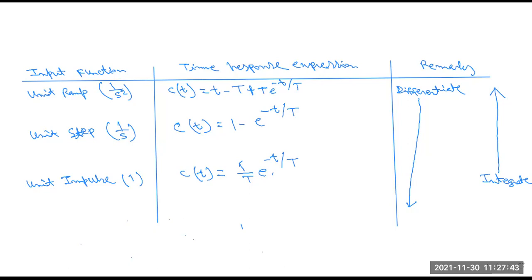Here zeta and omega n are basically, one is the natural frequency of the oscillations, this omega n. Here you can see this omega n is the natural frequency of the oscillations, and zeta is called the damping, that means damping ratio. I will also broadly discuss what omega n and zeta are in a later part.